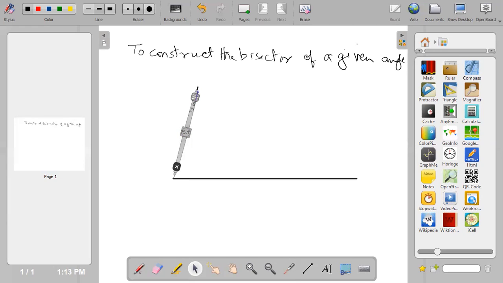Now we will draw an angle. Like this, you can draw any angle.